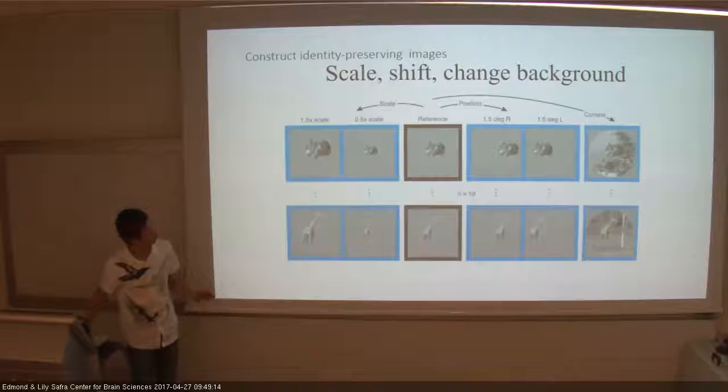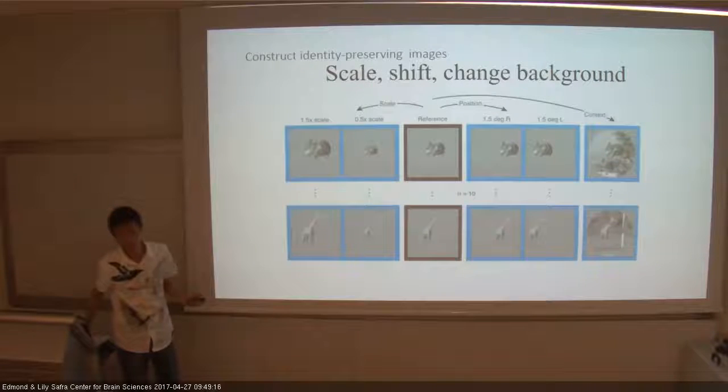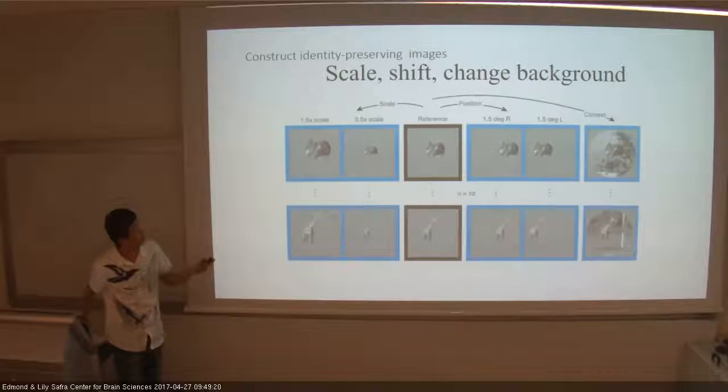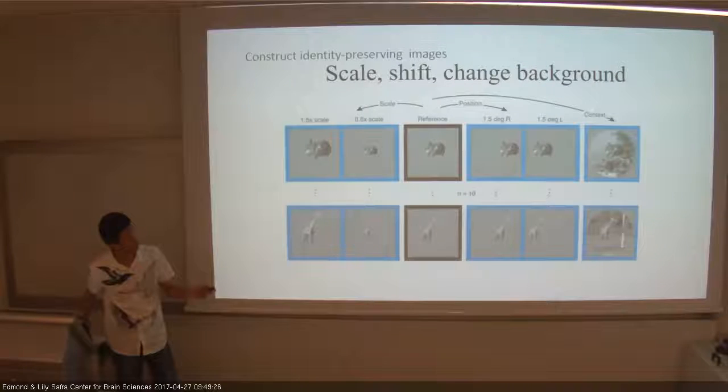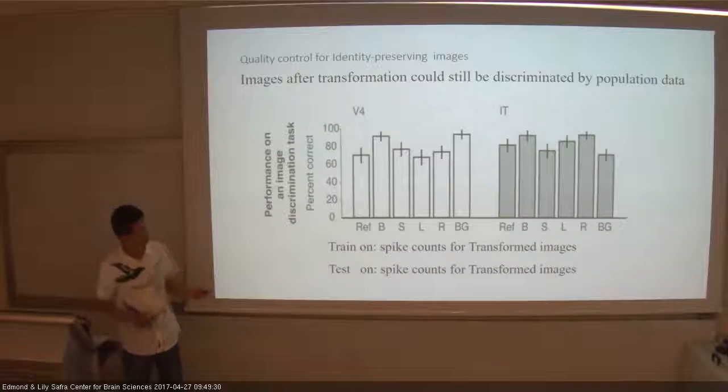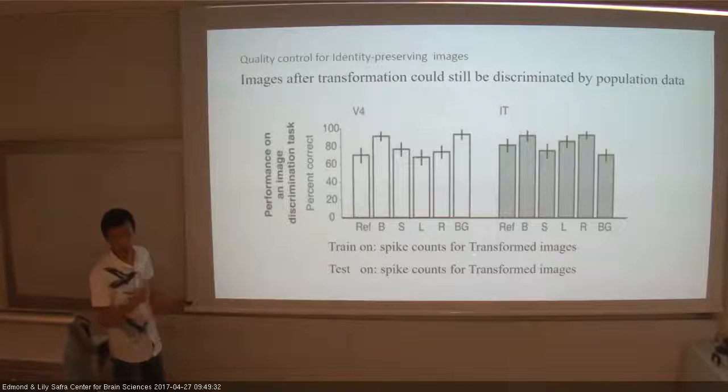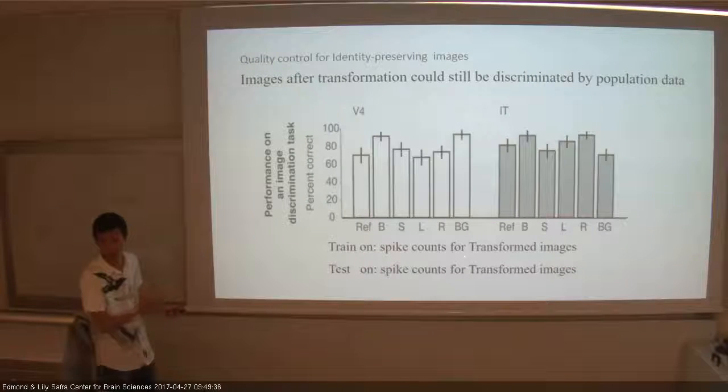In order to perform experiments, they need to generate data first. So they generate these identity-preserving images by scaling, shifting, and changing the background. Before using these images, they need to show that after this kind of transformation, the neurons could still differentiate the image.